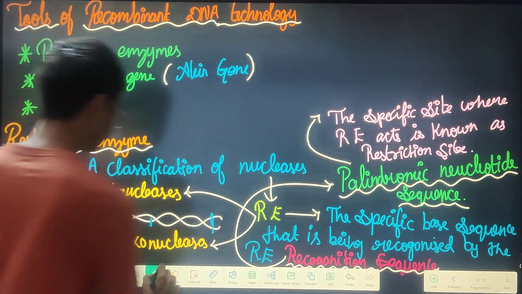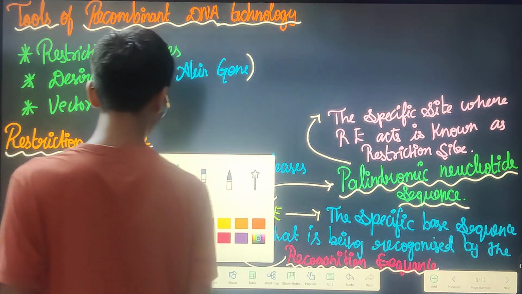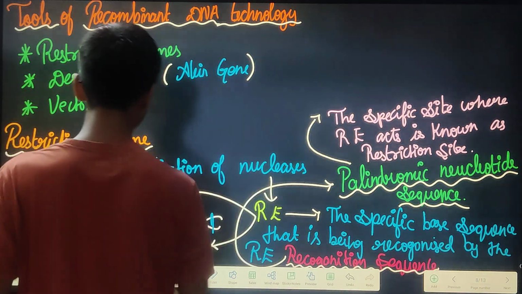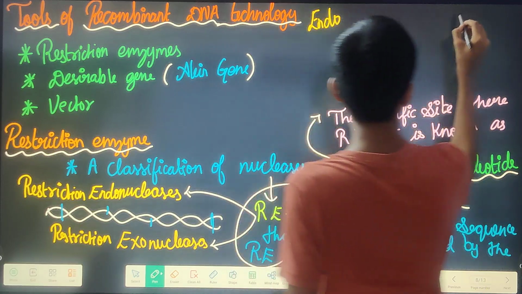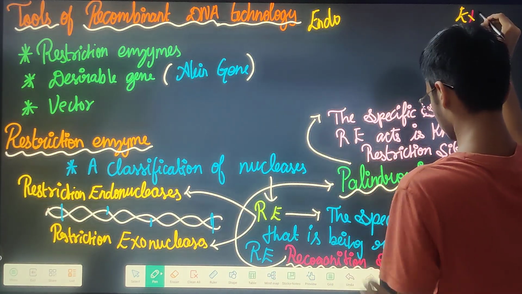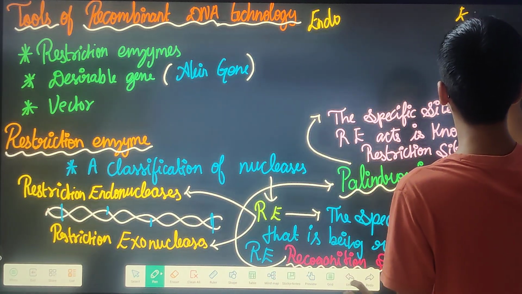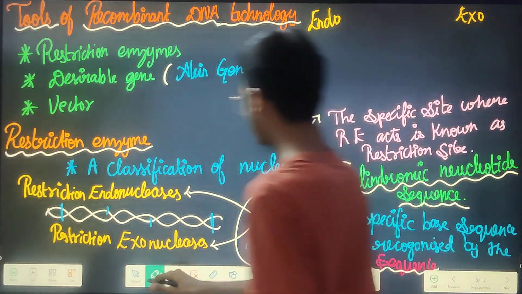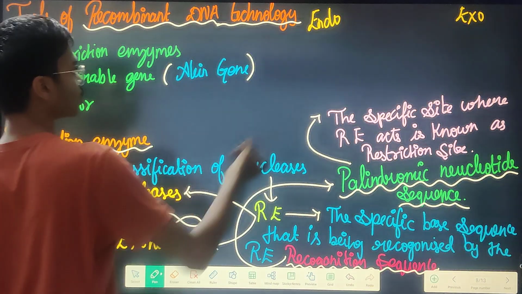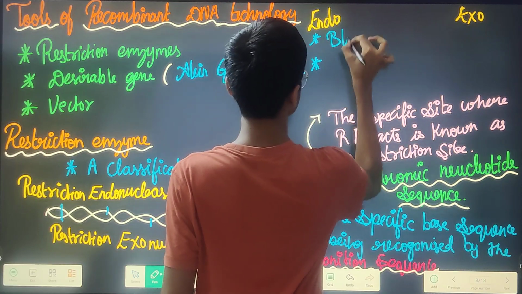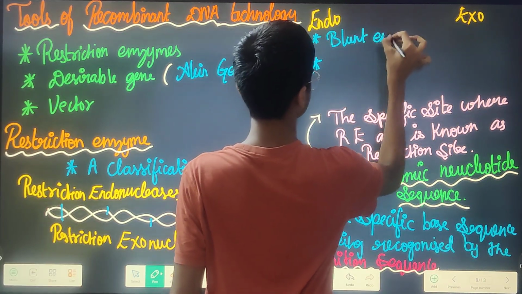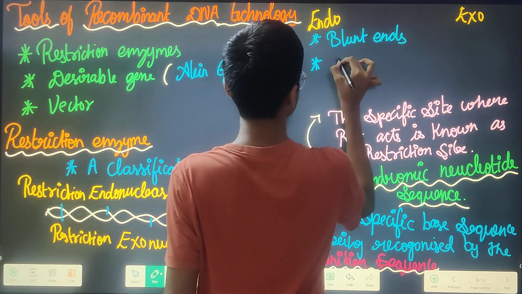Now when you use restriction endonucleases, endo, then exo. Here you will be having both blunt ends and also sticky ends.